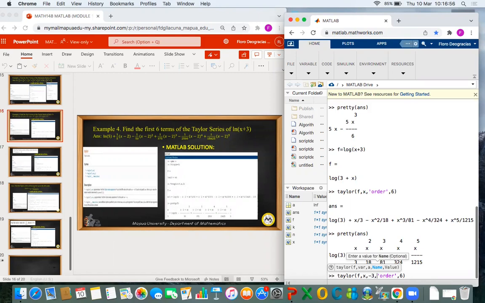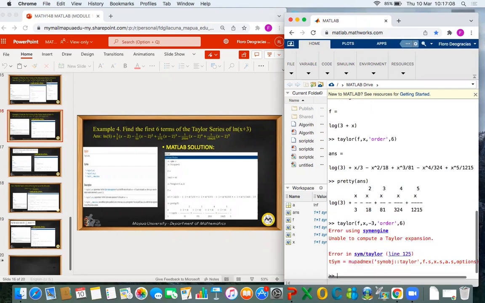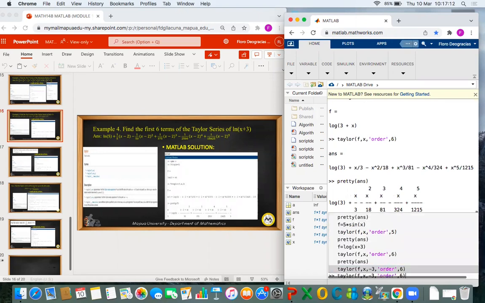Enter a value for name. Name is x. Okay, so let's remove one of the order. Or we can use that, class. Oh, increasing error. Okay, class, so I'll check what is the error here.